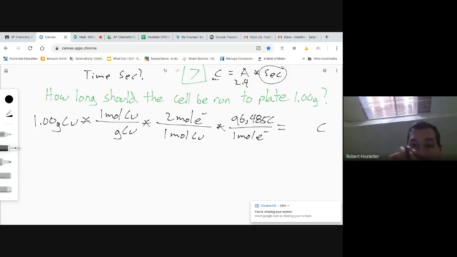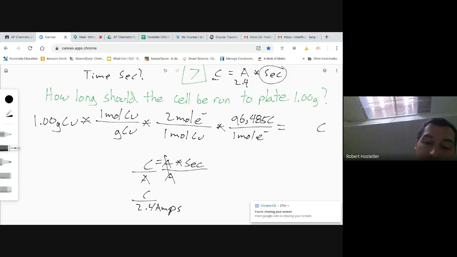So that gets us our charge. And if charge equals current times time, or coulombs are equal to amps times seconds, if I want the seconds, we'll just do that. We're going to take the charge divided by our amps. And that will tell us how long in seconds.